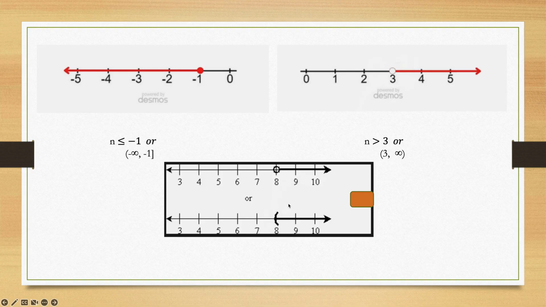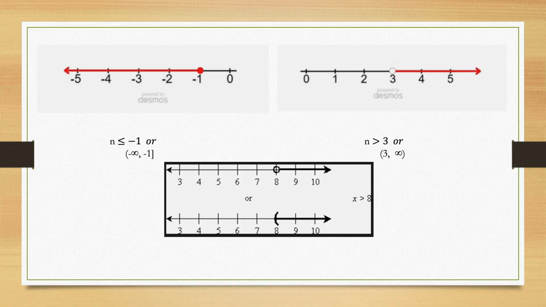And the second one, instead of using an open circle, which is traditional, some mathematicians have started to use either a parenthesis or a bracket. So here's a parenthesis, kind of getting at combining the graphing and the bracket notation. Either way, both of those graphs mean x is greater than 8.